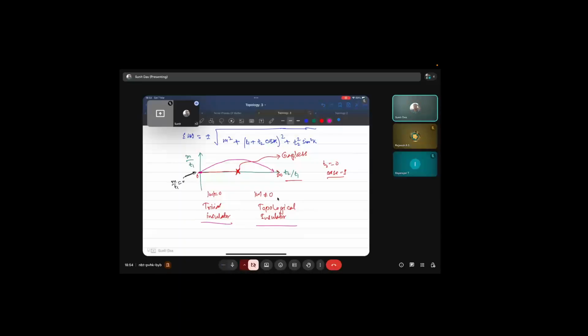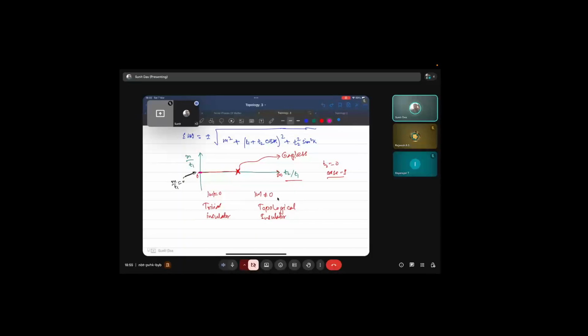This was not possible because you hit the gapless phase. Then all the smoothness and continuous tuning of the parameters, all that story went away.